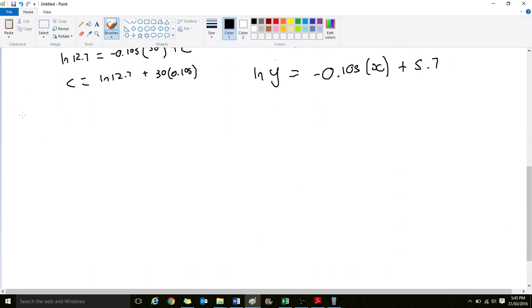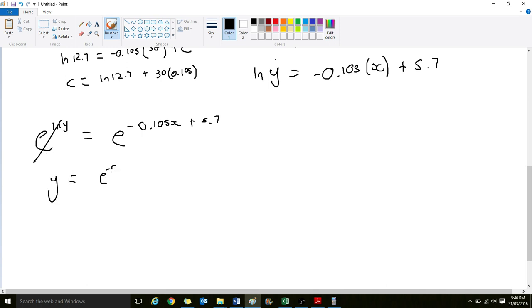Okay, so what we're going to do is put e to both sides. So we have e to the power of ln y is equal to e to the power of minus 0.105 x plus 5.7.